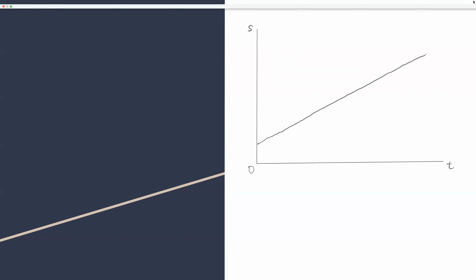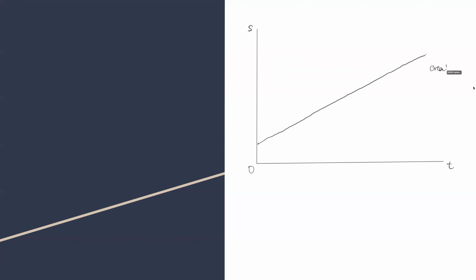So you have an ST graph here, and if we draw a line like this, the area means nothing. You don't need to worry about the area. The slope means the velocity.